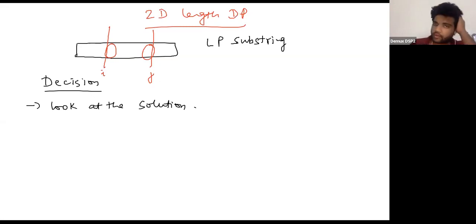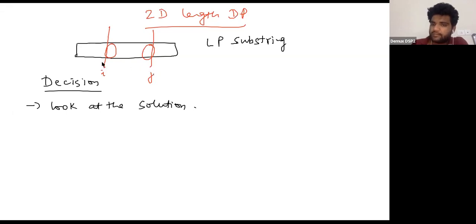What could be the subproblem? So you could say that for any i, j, whatever solution exists, it will start at some index and end at some index, right?